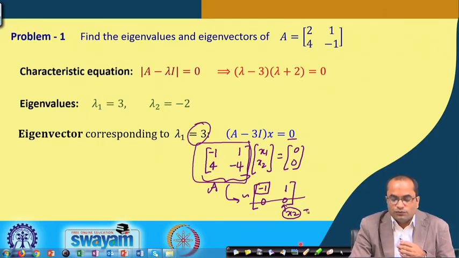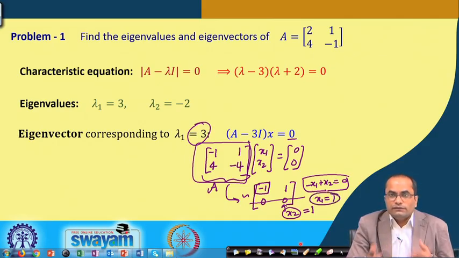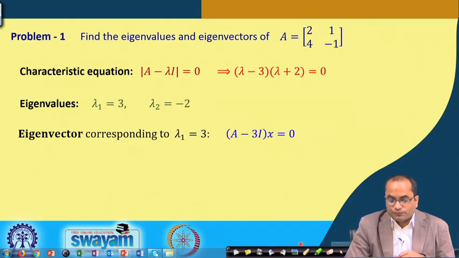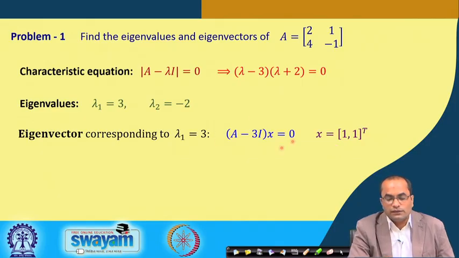If we choose x 2 equal to 1, then this equation, minus x 1 plus x 2 is equal to 0, will give us x 1 equal to 1. So, one solution has x 1 is 1 and x 2 is also 1, and there are infinitely many possible solutions.